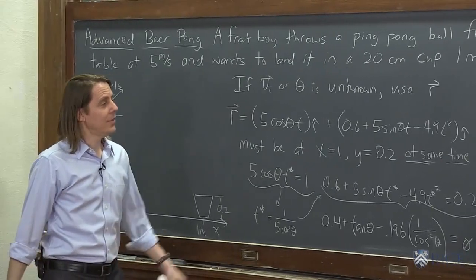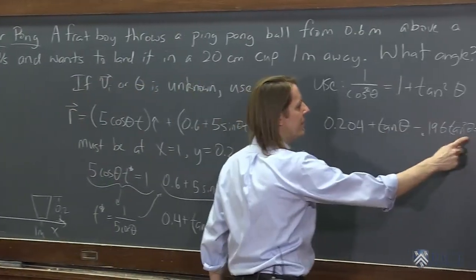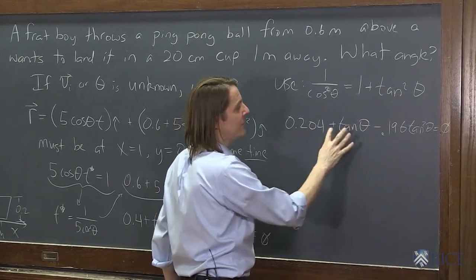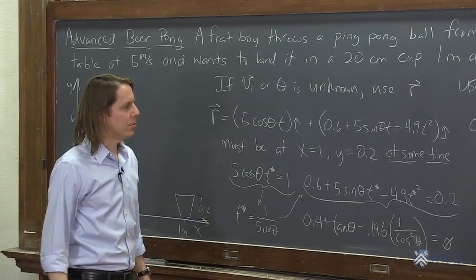Okay, and now that is a nice little quadratic equation, right? Tangent squared theta, tangent theta to the 0. So even though it's tangent rather than x or y, you can still solve it, quadratic equation.